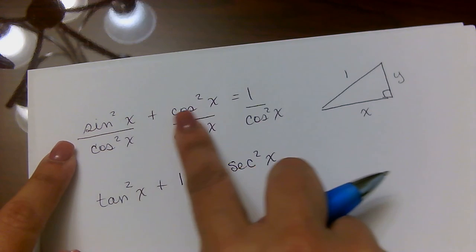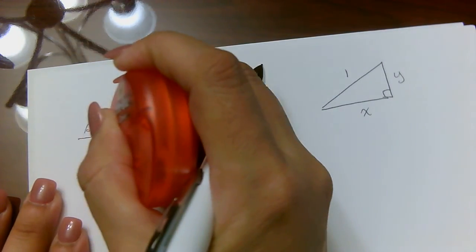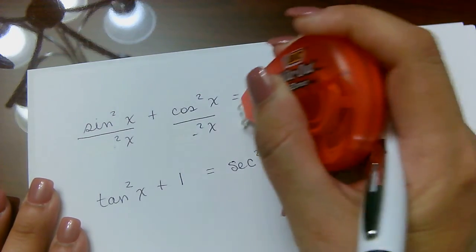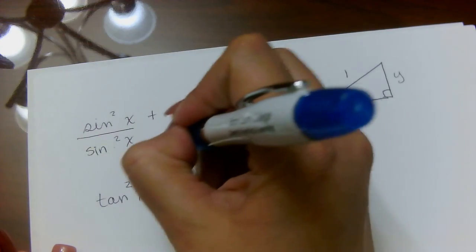Well, if we divided everything here originally by cosine, then it makes sense if I go ahead and divide everything now by sine. So let's do sine.